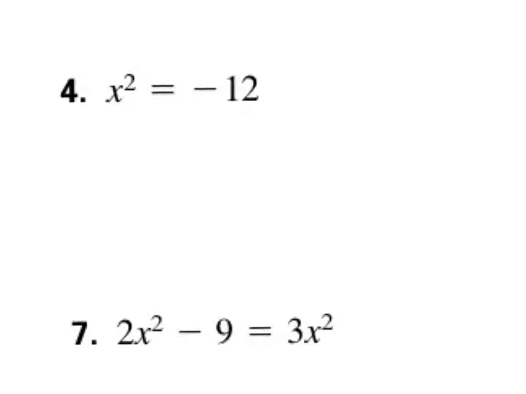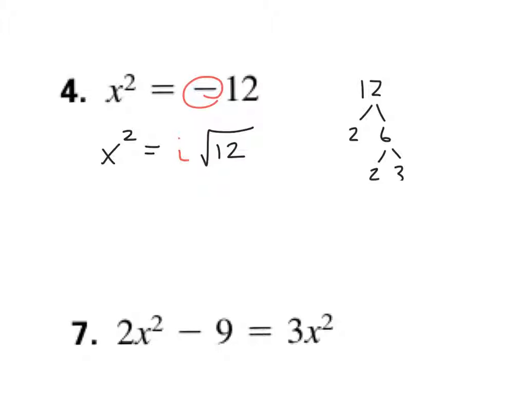I'm going to walk through a quick example on number 4 in case you want to see it. When you take a square root, oftentimes what you're going to see is this. I take the square root of the negative to get an i, so i is kind of outside here, and then I have a square root of 12 here. And wait a minute, the square root of 12 doesn't simplify nicely, but it still does if I factor it here: 2 and 6, 2 and 3.